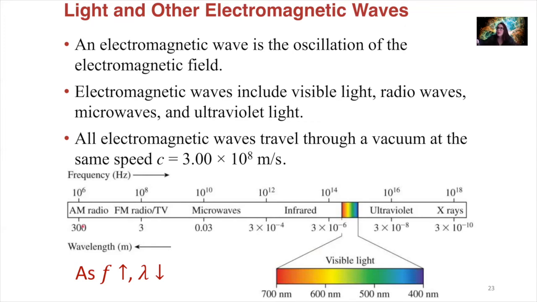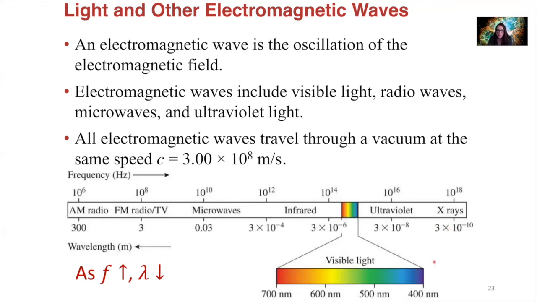So for example, radio waves have a very long wavelength, but they have a very low frequency, okay? All the way over on the other side, X-rays have a very short, small wavelength, but they have a really high frequency, okay? So frequency and wavelength are inversely proportional.